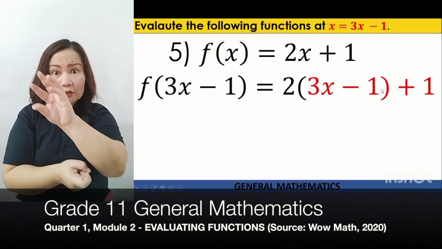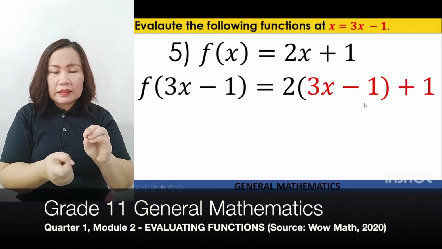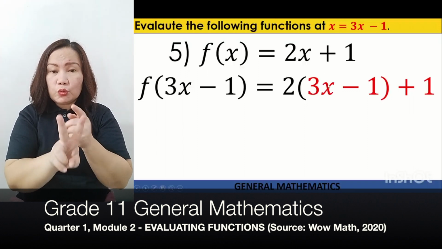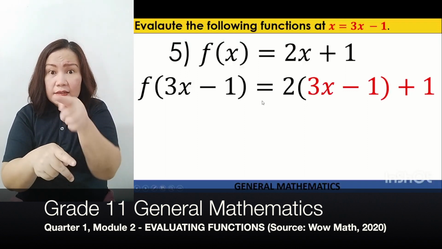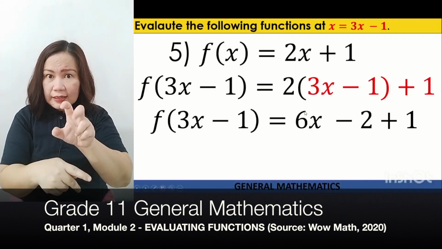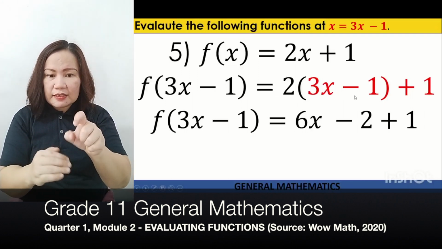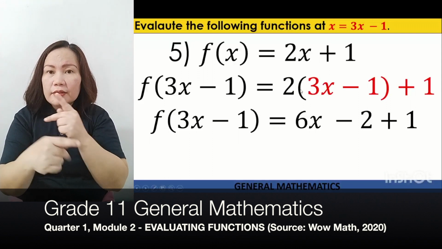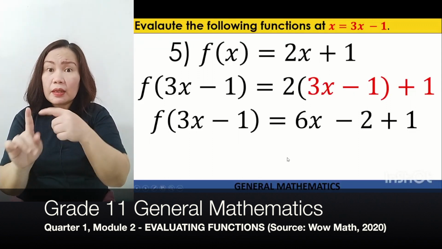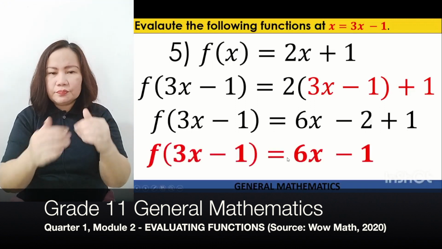Ilalagay natin yan. Ngayon, ang gagawin natin, yung 2, i-distribute natin sa loob ng parenthesis. We need to multiply 2 times 3x, that is 6x. 2 times negative 1 is negative 2 plus 1. And then, perform the operation.